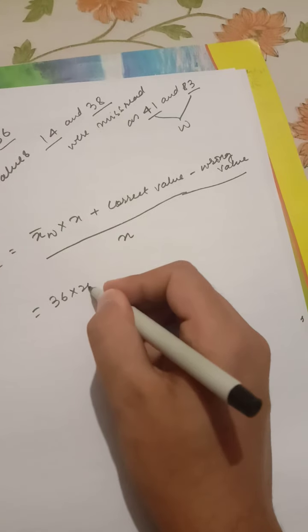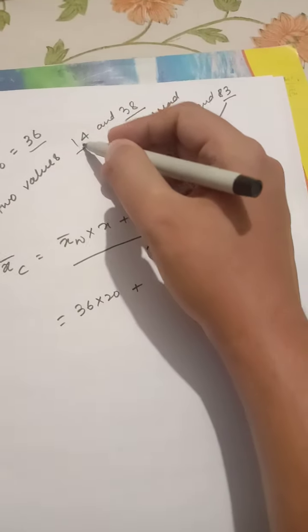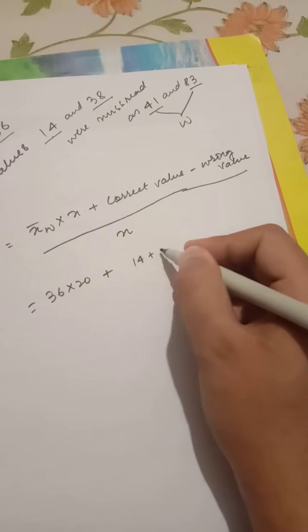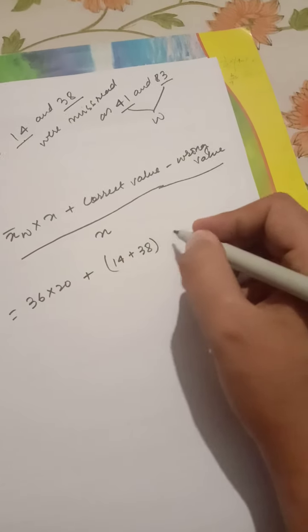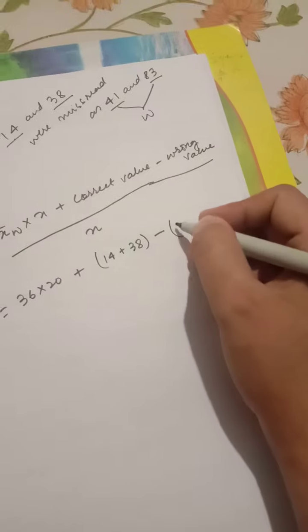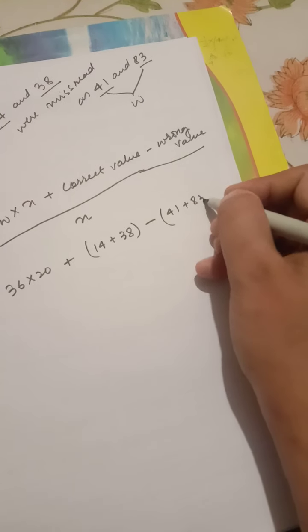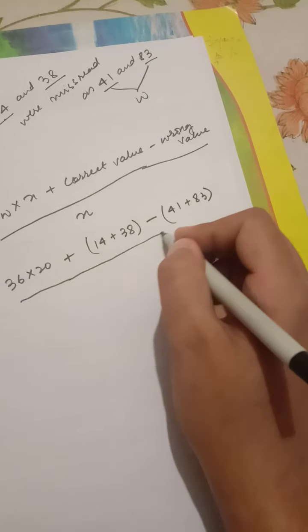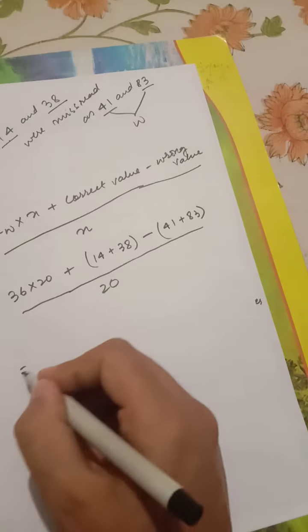So the wrong mean is 36 into 20, plus the correct values, 14 and 38, minus the wrong values, 41 plus 83, and we divide it by 20.